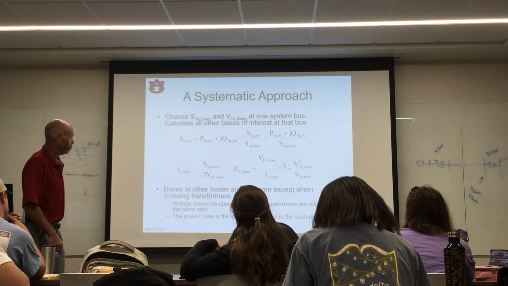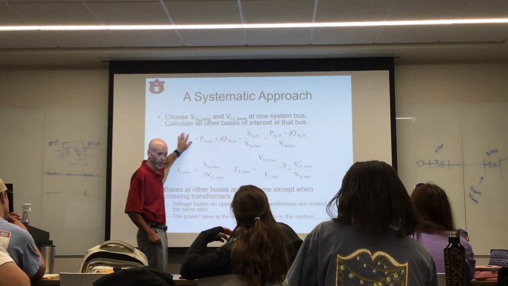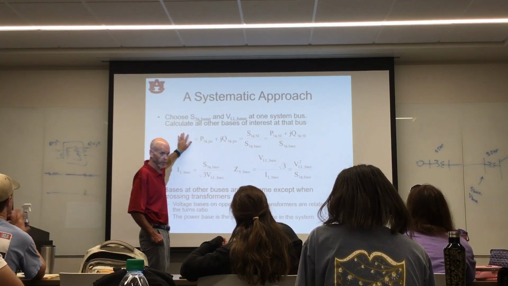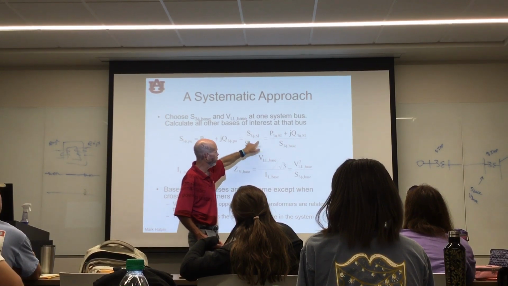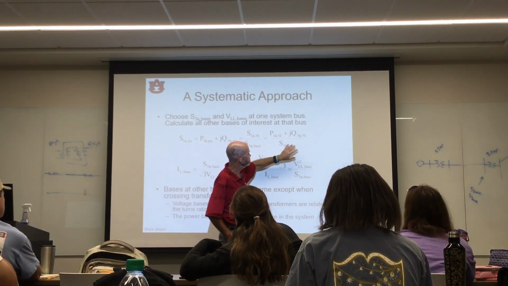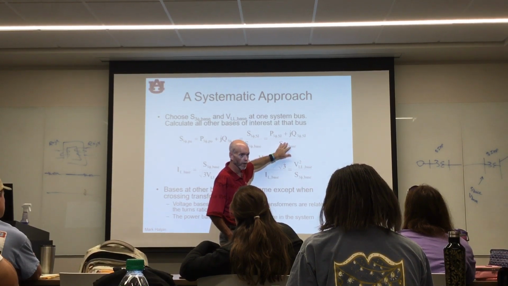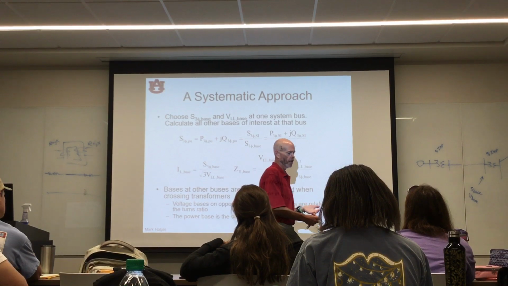Same kind of thing happens to impedance. Okay? I could talk about a complex impedance right here, Z, R plus jX. Z complex divided by Z base. R, X, and Z. Okay? So we don't talk about an R base. We don't talk about an X base.